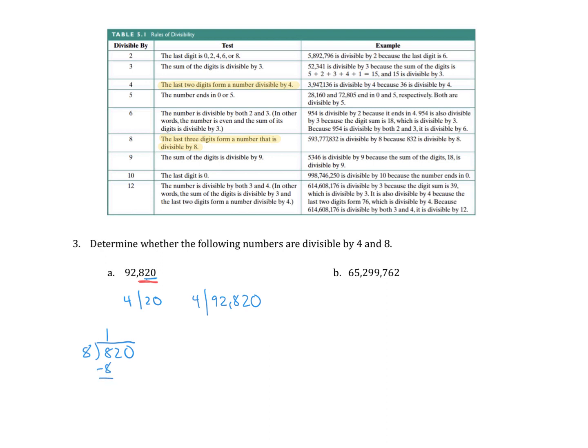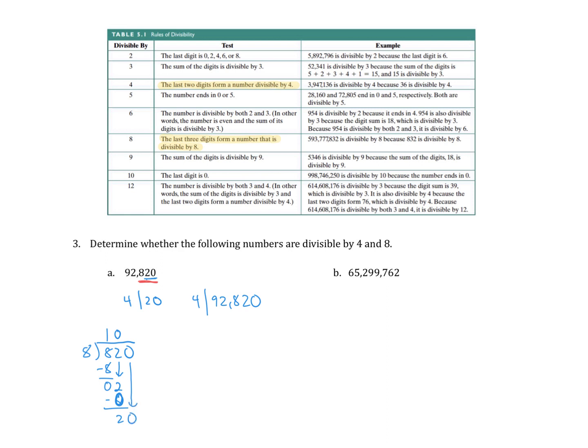I subtract, I get 0, and then I bring down the next number, the 2. And then I ask myself, how many times does 8 go into 2? Well, it doesn't go in at all, so I put a 0. And then I multiply 0 times 8, and I get 0. And then I subtract, and I get 2. And then I bring down the next number.